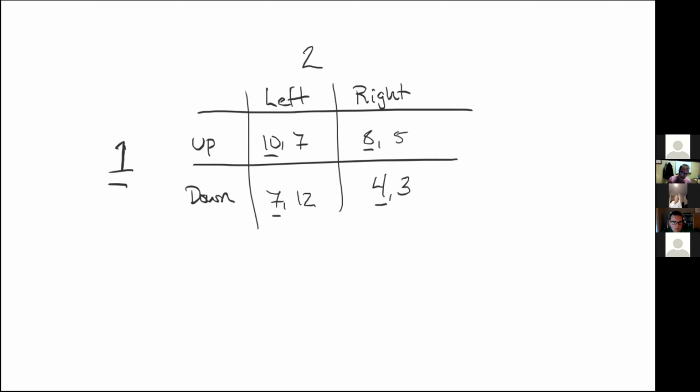Generally, higher numbers are better. Obviously, with the jail, higher numbers were bad. So in this case, higher numbers are better. He's going up. Sorry, whoever just said "oh my God" in the background. So in this case, player 1's dominant strategy is going to be up.